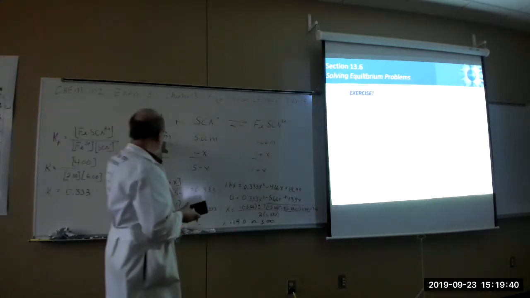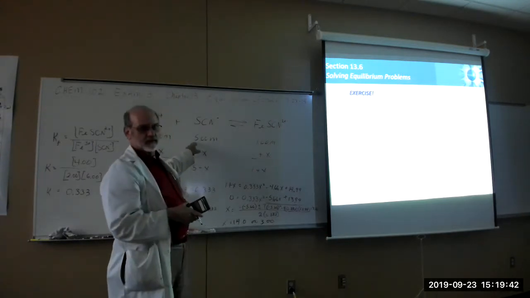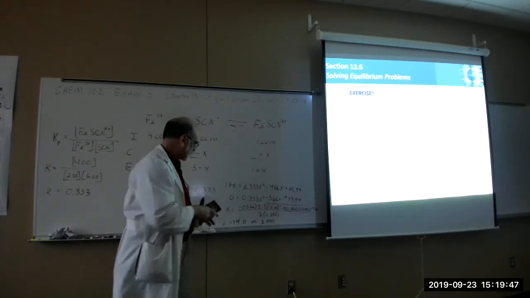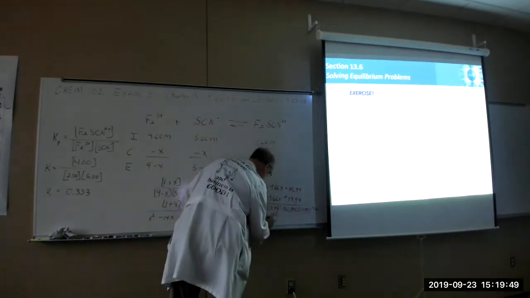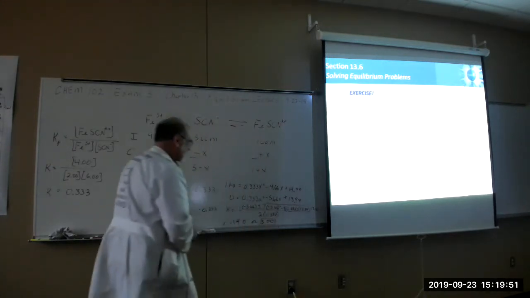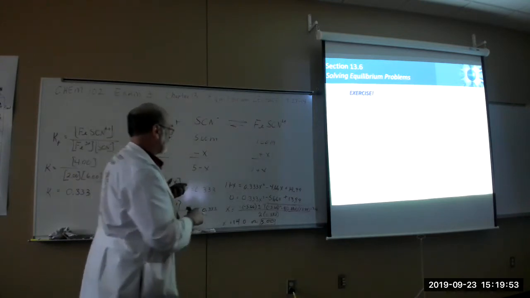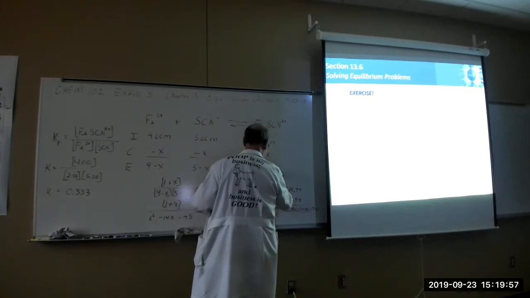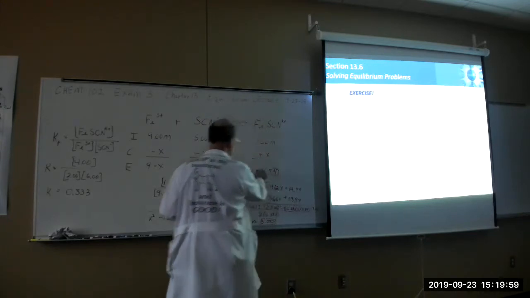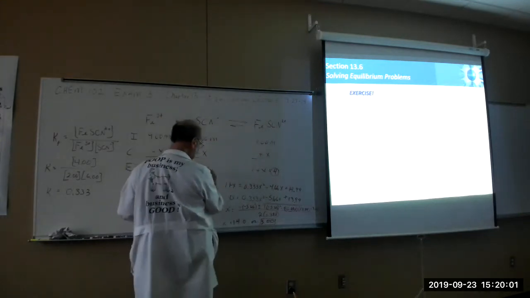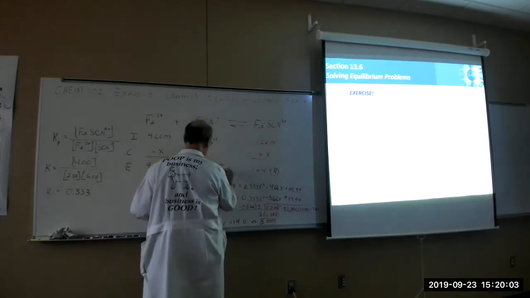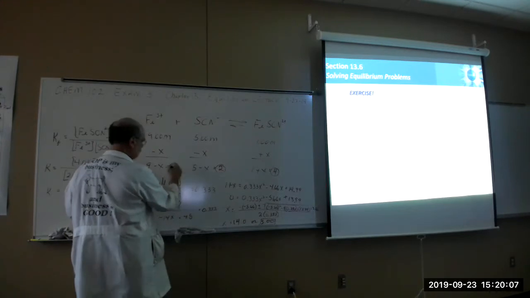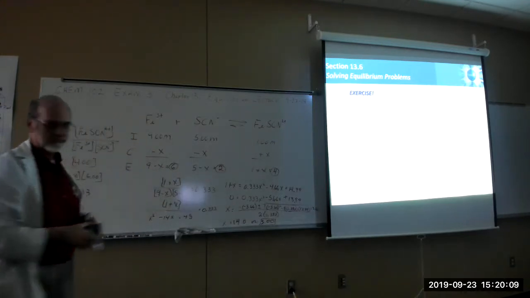Well, it can't be 14 because it would completely use up all of these. So it's got to be 3 for the first one. So x is 3. That means that for the first one, this value is equal to 4, 3 plus 1. This value is equal to 2, and this value is equal to 6. 6, 2, and 4 is the first one.